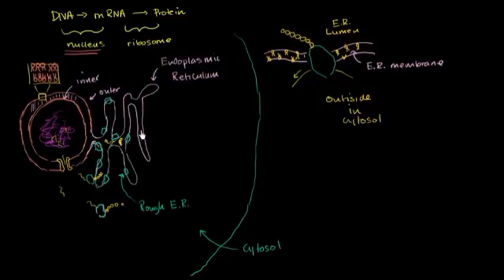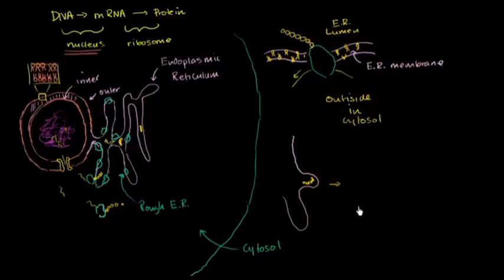So let's imagine the protein is right over here. And the smooth endoplasmic reticulum has many functions, and I won't get into all of the depth of how it's involved. But at some point, that protein can bud off. So let me draw a budding off protein. Let's say this is the membrane of the endoplasmic reticulum, and a protein ends up right over here, and then it can bud out.